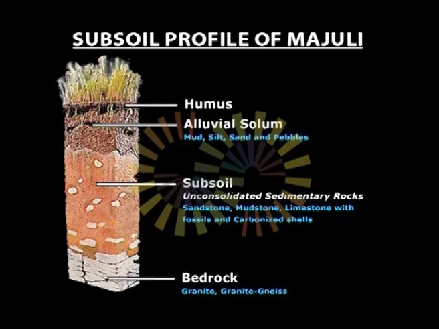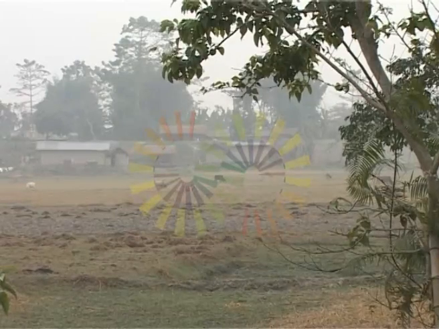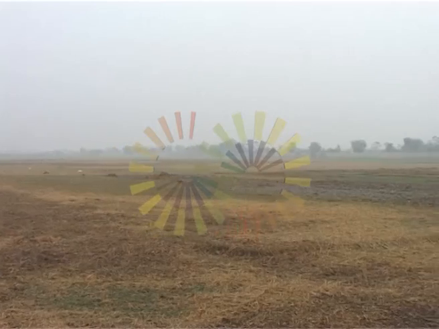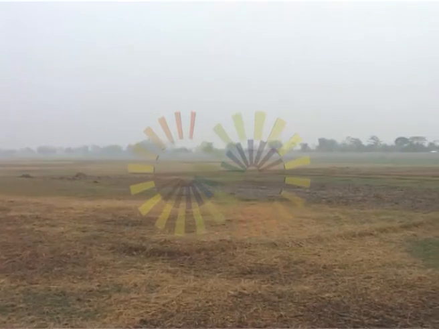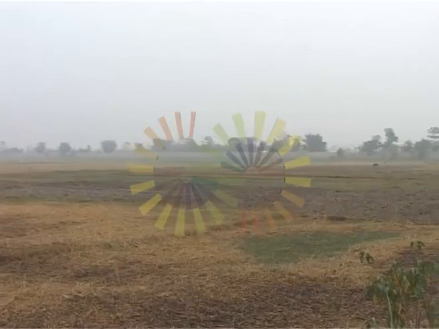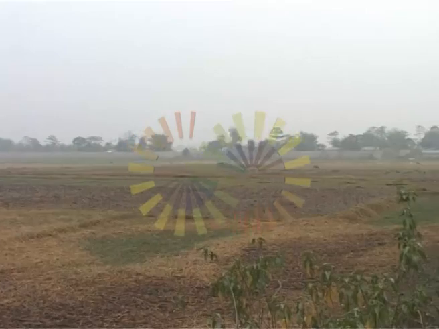This bedrock was formed in the Precambrian era, not less than 3,000 million years ago. There is no hill or hillock in Majuli, although her topography consists of high and low-lying areas interspersing the plains.